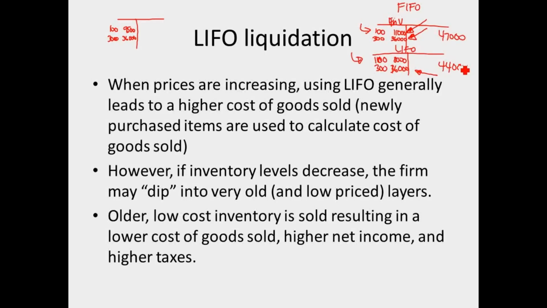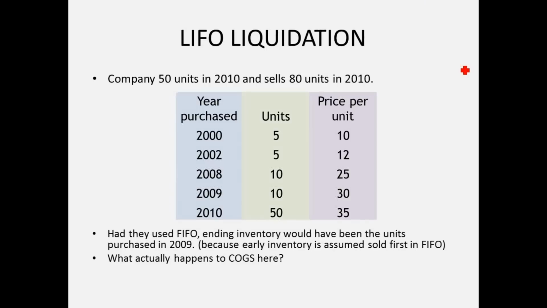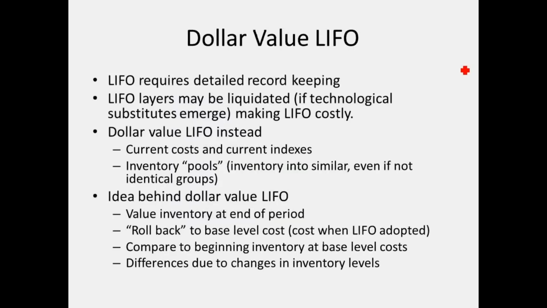But it's always a red flag when you see a LIFO liquidation, because in that period they're much more likely to have higher income than you would have expected had they used FIFO or any other method, which is the flip of what's normally the case with LIFO. So this is just a little mini example of how a liquidation can work.